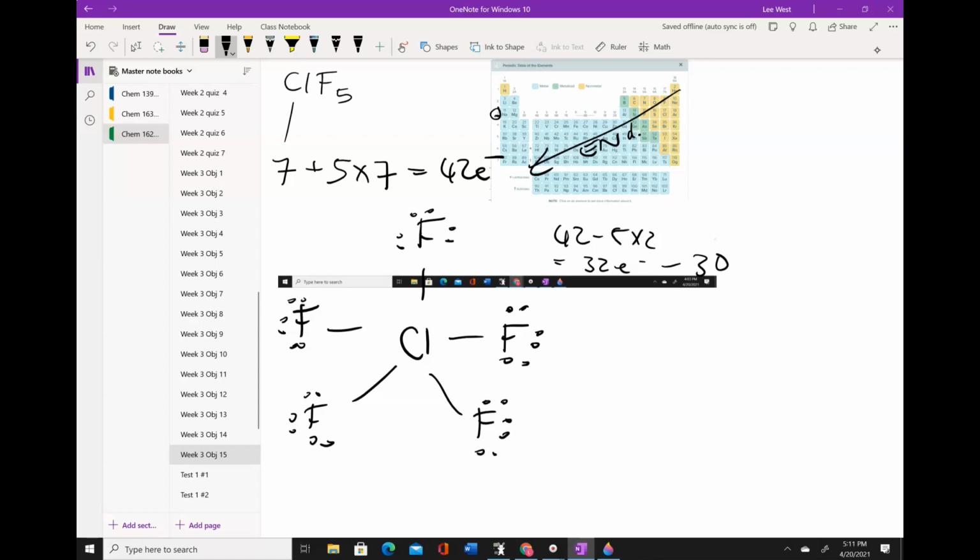We take away 30 electrons, and that leaves 2 electrons remaining, and they have got to go on the chlorine. At this point, we check whether the central atom has an octet or not. 2, 4, 6, 8, 10, 12. It has way more than an octet, so no need to make double or triple bonds.